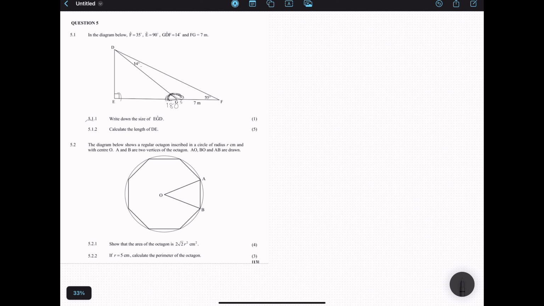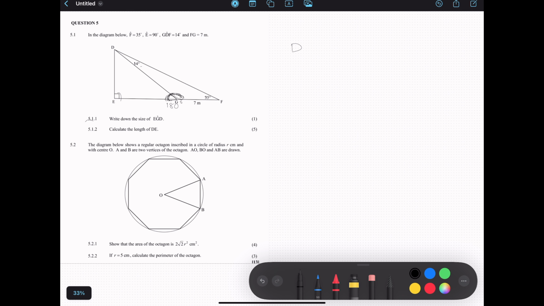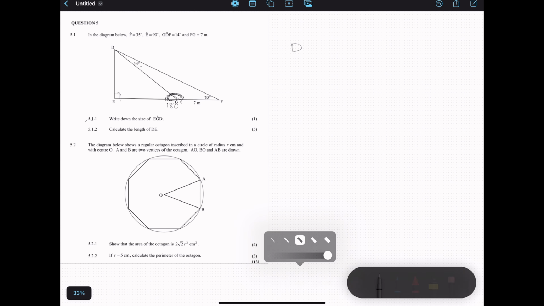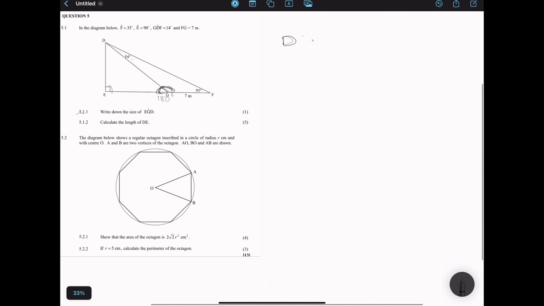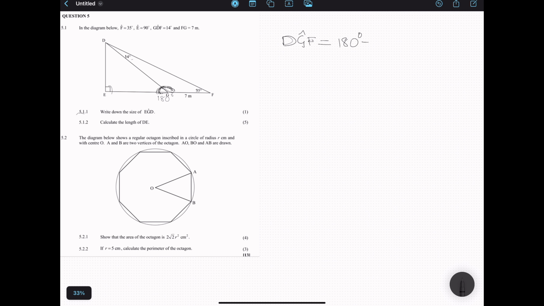So to do that, we simply say that angle DGF is equal to 180 degrees minus 14 degrees, which is this angle, plus 35 degrees.